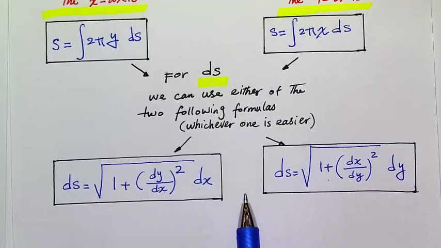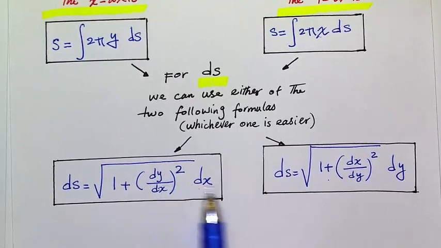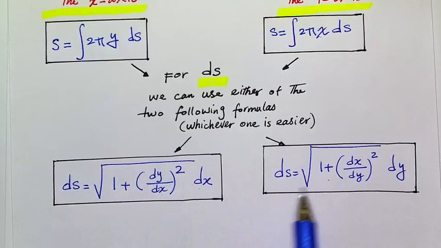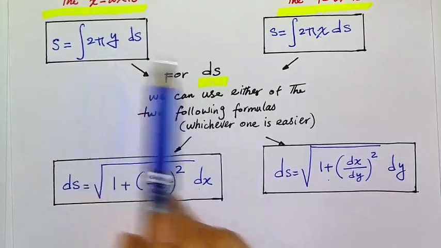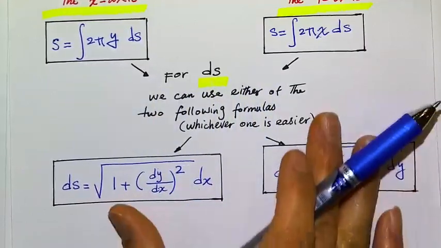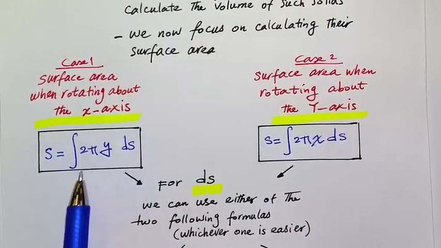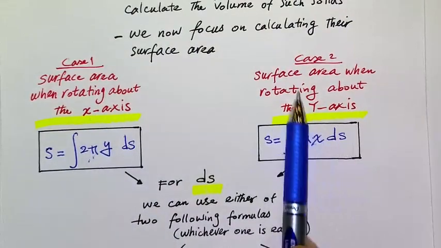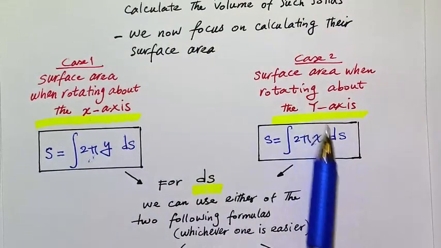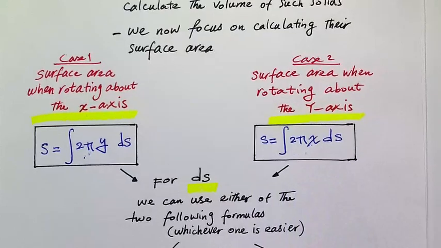It makes no difference which variable we integrate; whichever one is easier to integrate is what will determine whether we use this one or that one. But either one can be used in these formulas. However, if we have a rotation about the x-axis, this is the one we'll use. If rotation is happening about the y-axis, this is the one we will use.